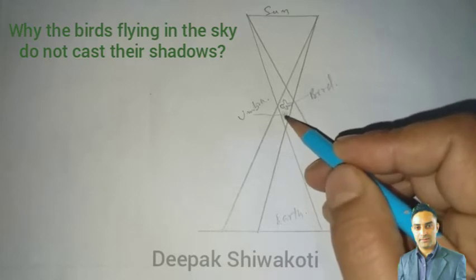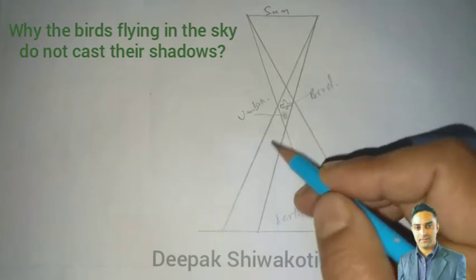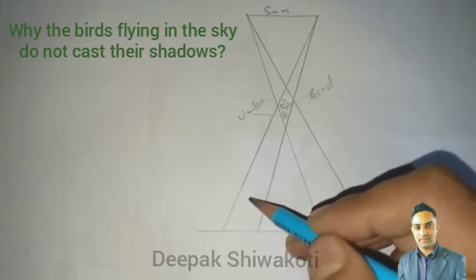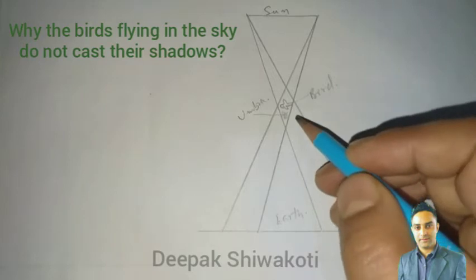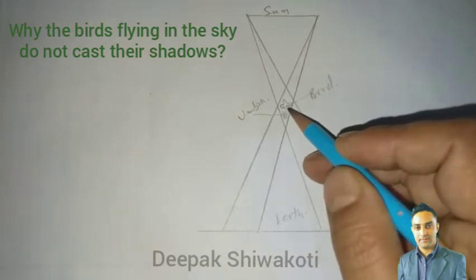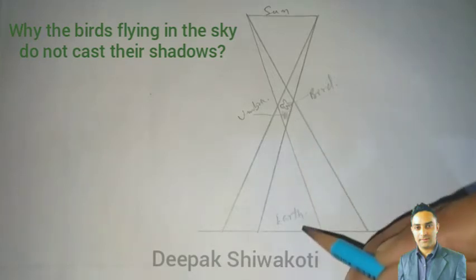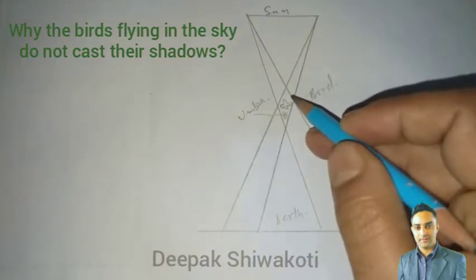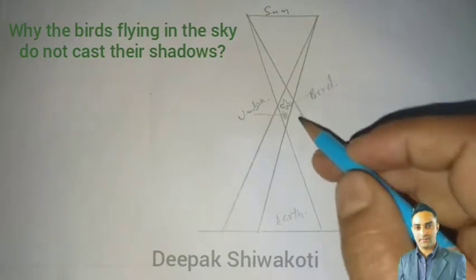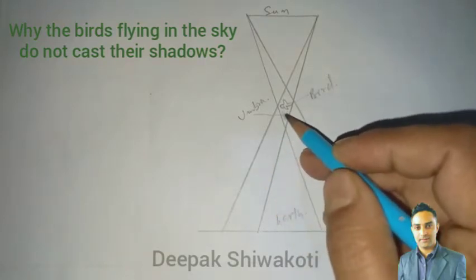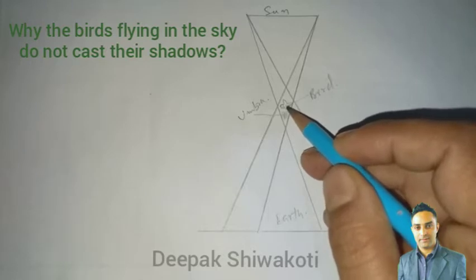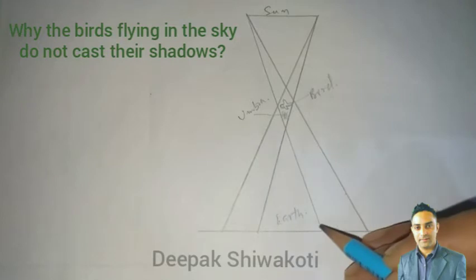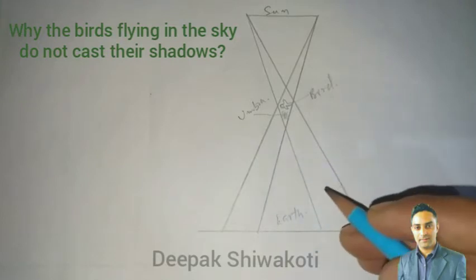This much is umbra, and the penumbra is very faint, which is not visible. So that is why the shadow of this bird is not cast on the surface of the earth, because the rays which are falling here on the earth are making the umbra region in the atmosphere only. The shadow of this bird is in the atmosphere only, so that is not cast on the surface of the earth. So this way we draw the diagram.